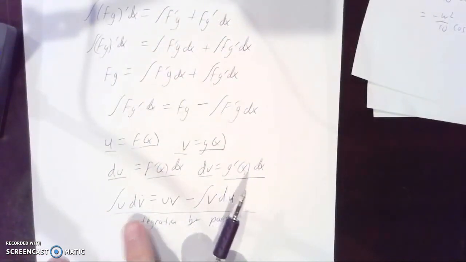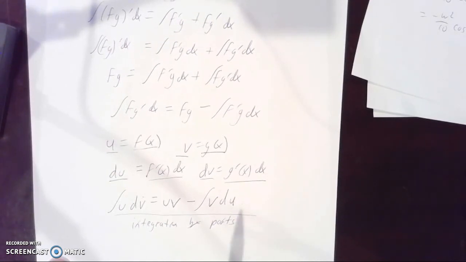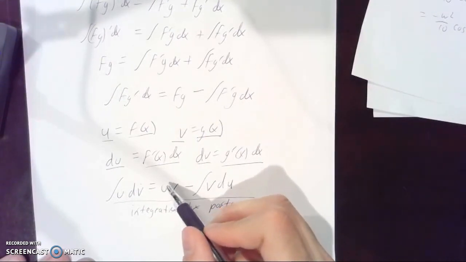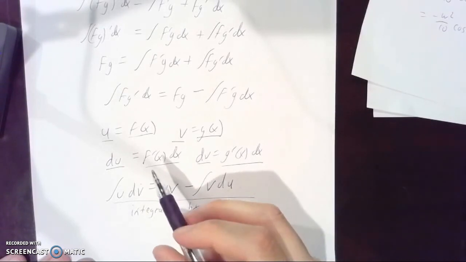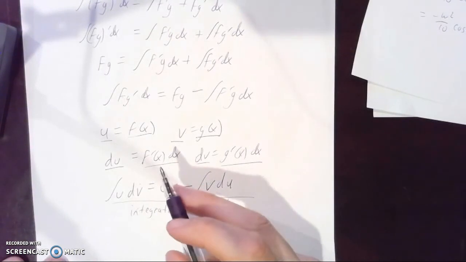But for our purposes, you really should memorize integral u dv is uv minus integral v du. I would work on memorizing that. But if you ever do forget it, you could start with the product rule, start with uv, take its derivative, and work from there if you need to. But it's probably better just to memorize the formula for now.